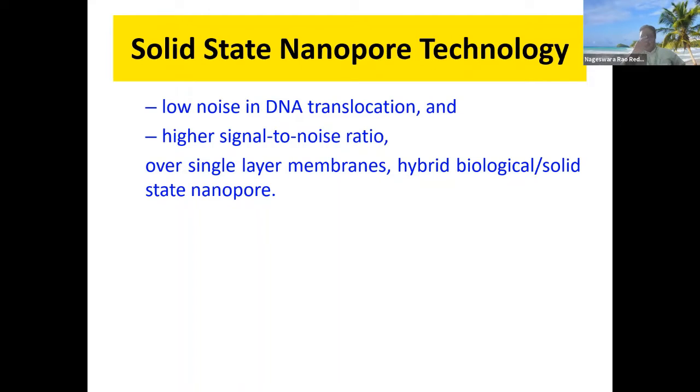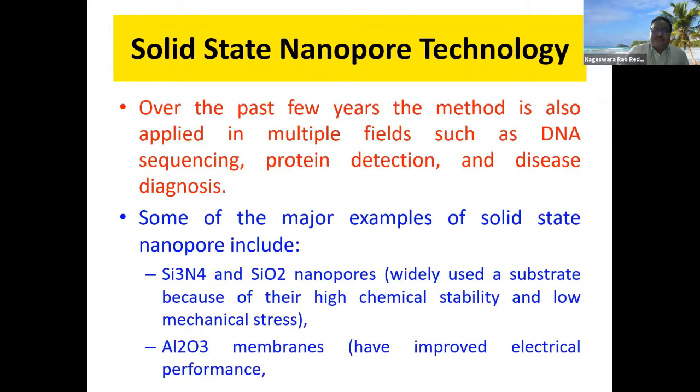Okay, and there are different materials which are used here. Single membrane layers, hybrid of both biological and solid. So hybrid of biological and solid. So these are the different solid state nanopore technologies which are used.